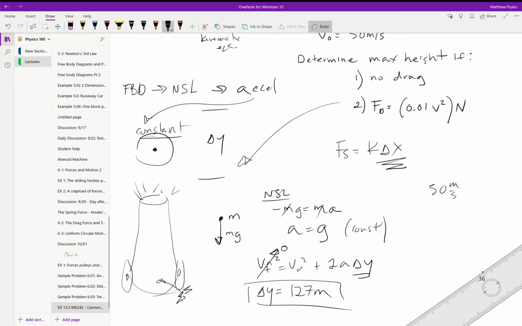Okay, now let's say we have another force. We have a force of drag, and what we see here is it's a function of its velocity squared, and I mentioned that before, and it's a coefficient out front. The coefficient has to do with the shape. You can get that coefficient from a table.